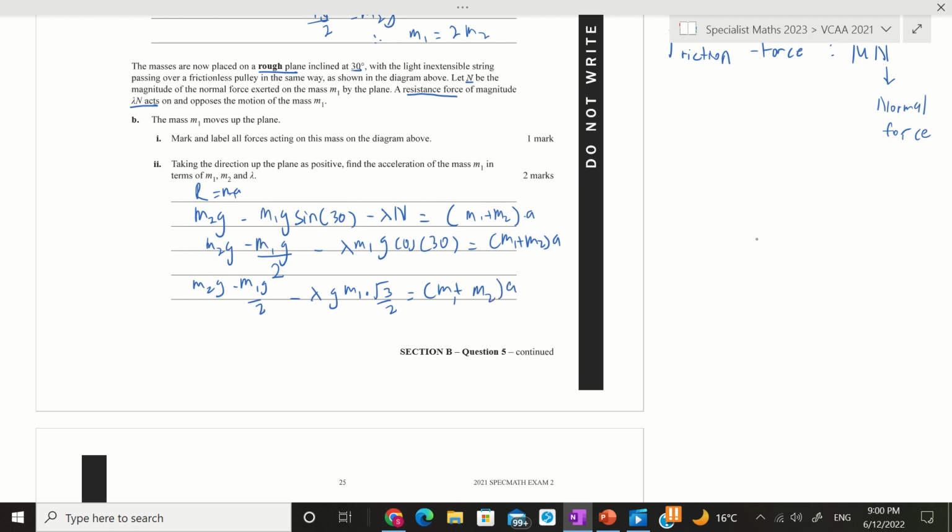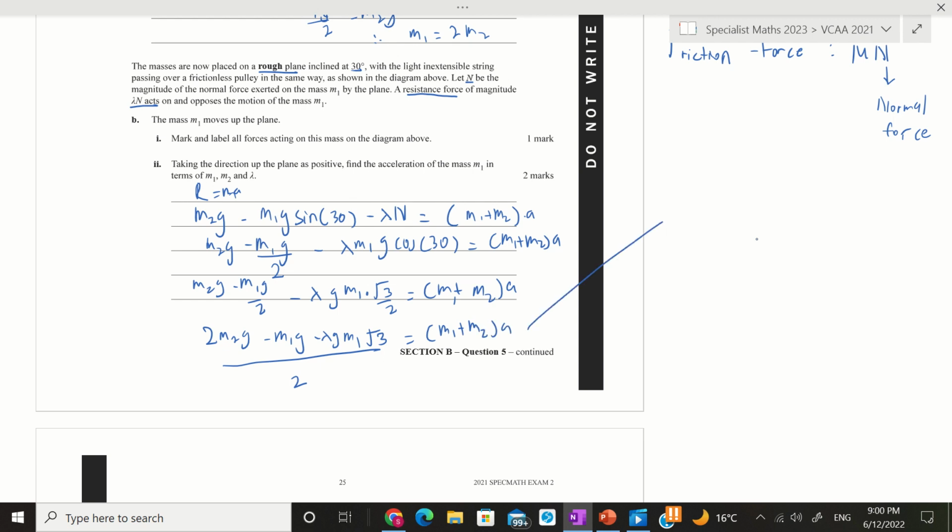Okay, and I guess now we can put it all under the same denominator. They all have a denominator of 2. So writing everything on this side with the same denominator, I'm going to get 2 times m2g minus m1g minus delta g m1 root 3, all over 2, is equal to m1 plus m2 times a.